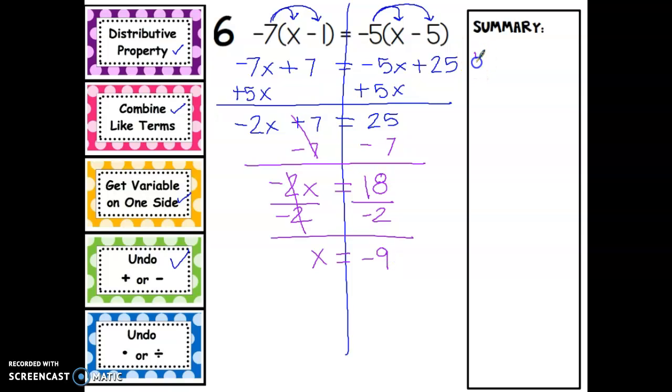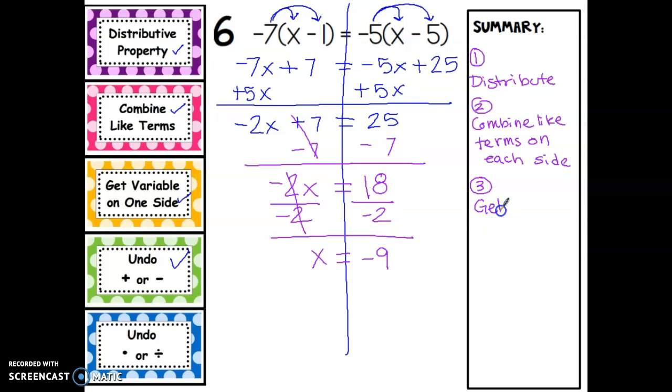Summary is simply your steps. So step 1, distribute. Step 2, combine like terms on each side. You're not moving anything yet. Okay, so step 3 now, get variable on one side.